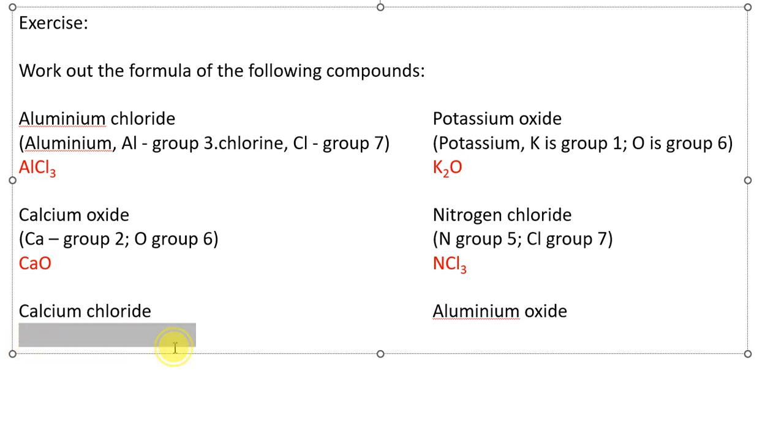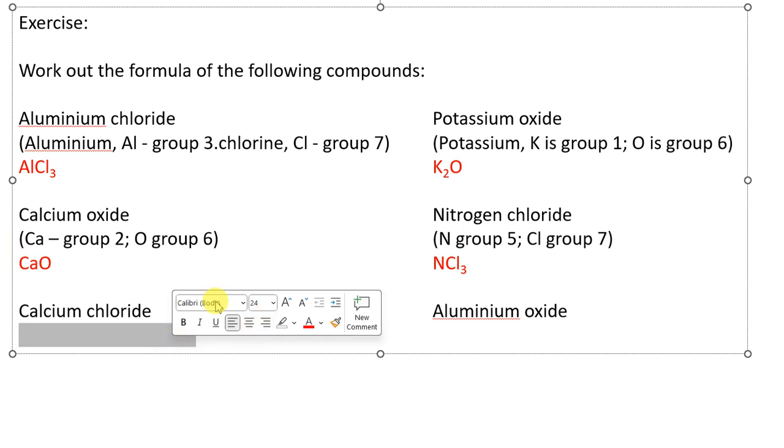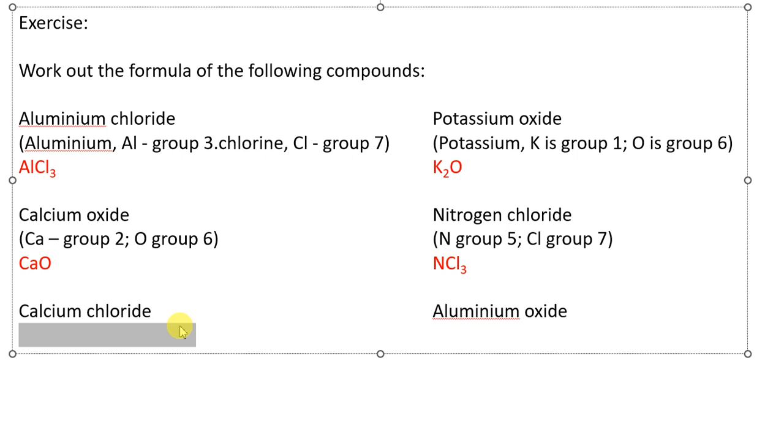Calcium chloride, which we saw above in our third example. Calcium in group 2, it's going to lose 2 electrons. Chloride from chlorine, group 7, each chlorine will gain 1. 1 calcium atom will provide both electrons for 2 chlorides to combine, CaCl2.